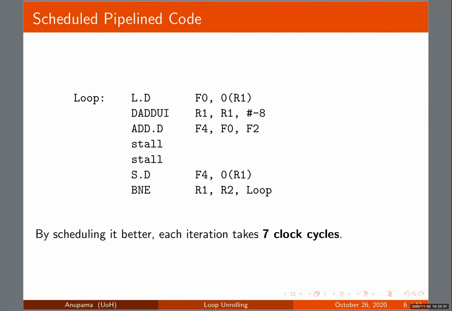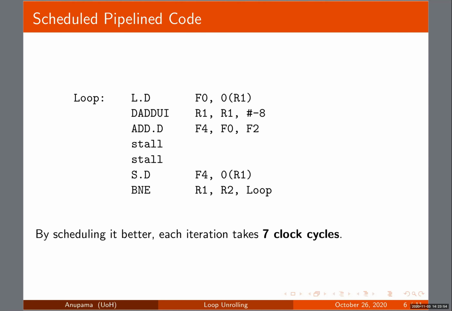I'll make these changes and load it in the Moodle. DADDUI immediately after load, your slot has an instruction which has no dependency on the load. Okay, so you avoid the stall.